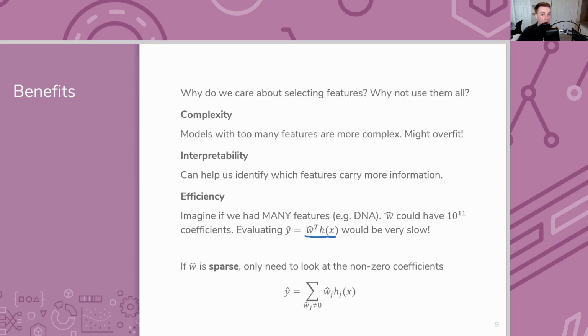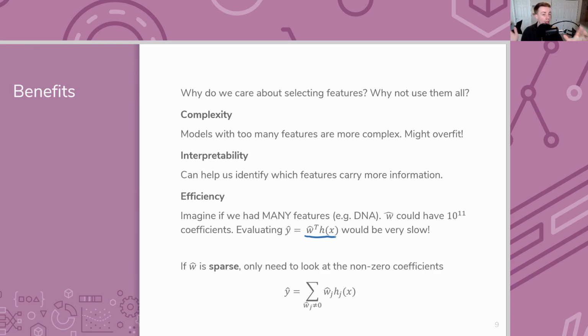And that can now help with complexity, interpretability, and efficiency because you could just skip all of the features that get chosen to have coefficient 0, since 0 times any feature value is just 0. You don't need to include it in your sum, and now you have a lot nicer model to work with.